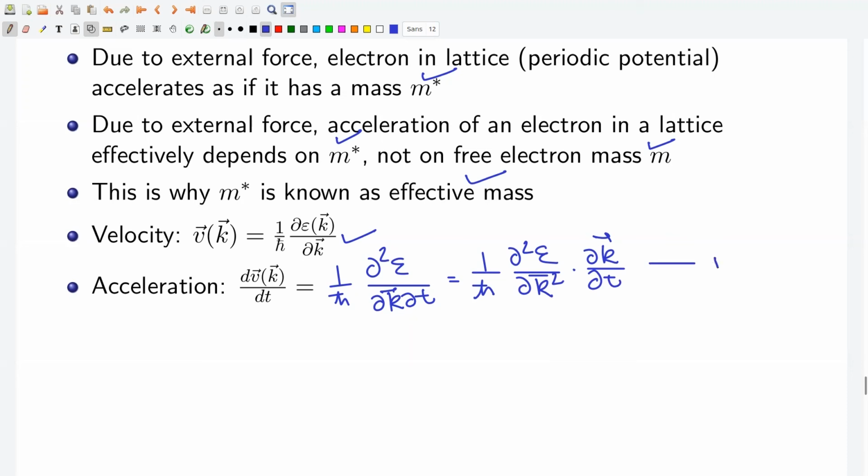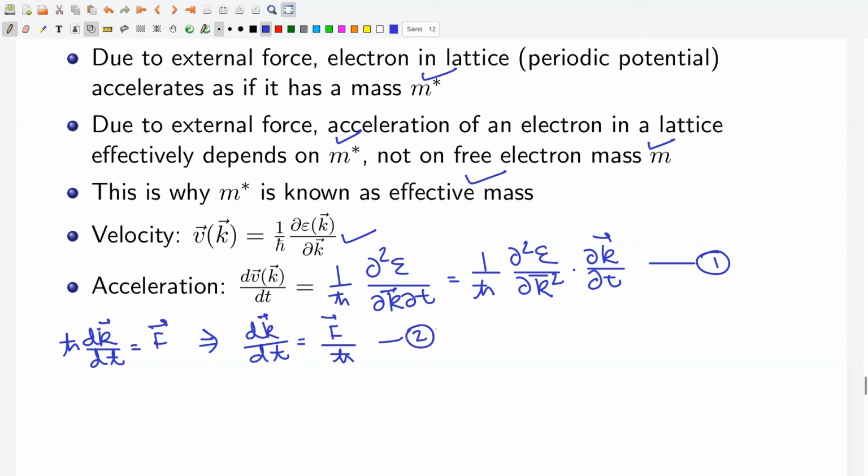Let me denote this as equation 1. Now we know that ħ dk/dt is equal to the external force, such that dk/dt is equal to force divided by ħ. So I denote it as equation 2.